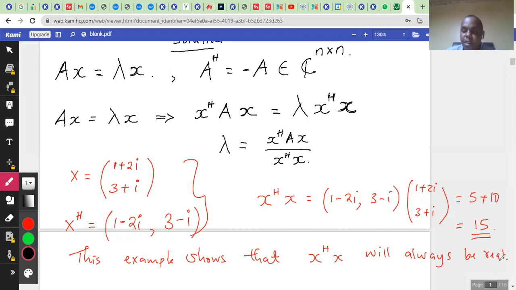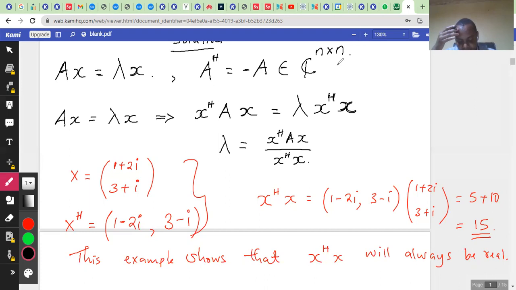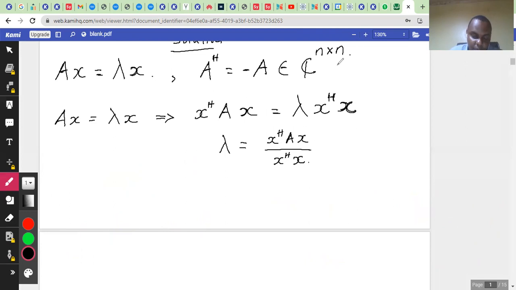So let's do it in an abstract way. I hope you finished writing that. With that example in mind, you're going to realize that x^H x equals the summation, i running from 1 to n, of the complex conjugate times x_j, so it's going to be the absolute value of the elements inside x, squared.